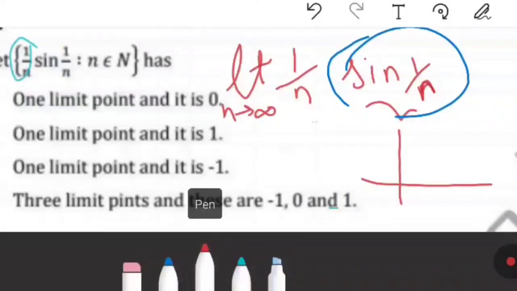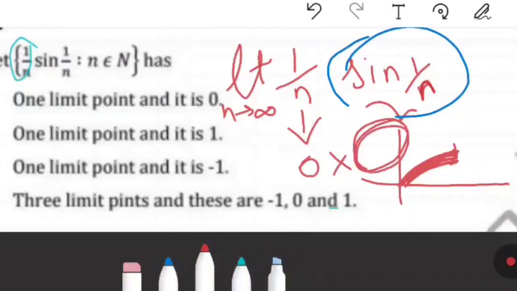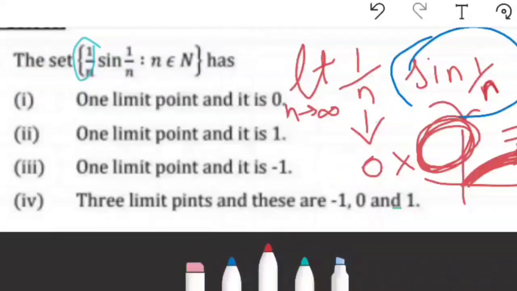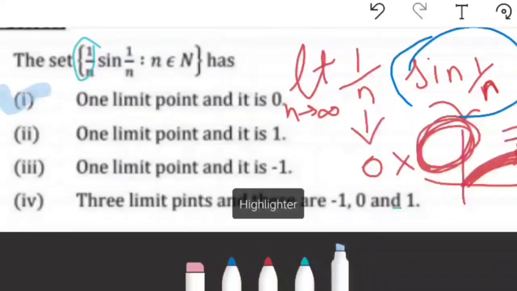So clearly sin(1/n) is a bounded function. Since 1/n tends to 0, 0 into some finite value will obviously give you 0, and hence option A is the correct option.